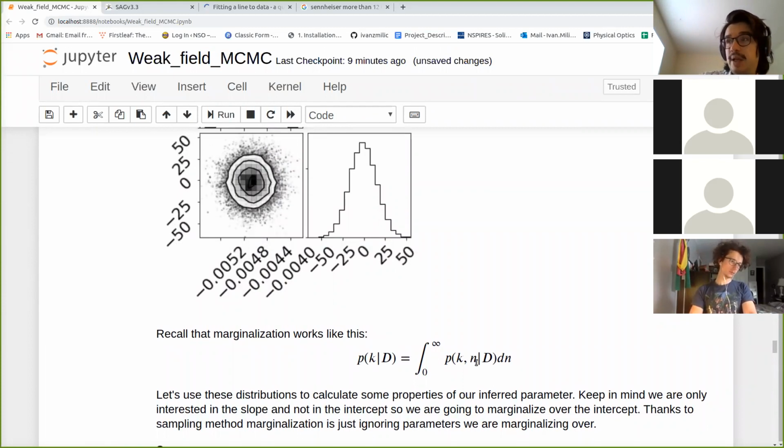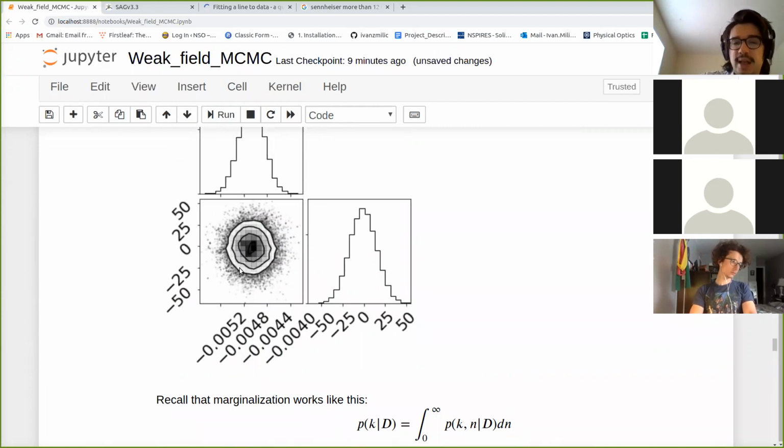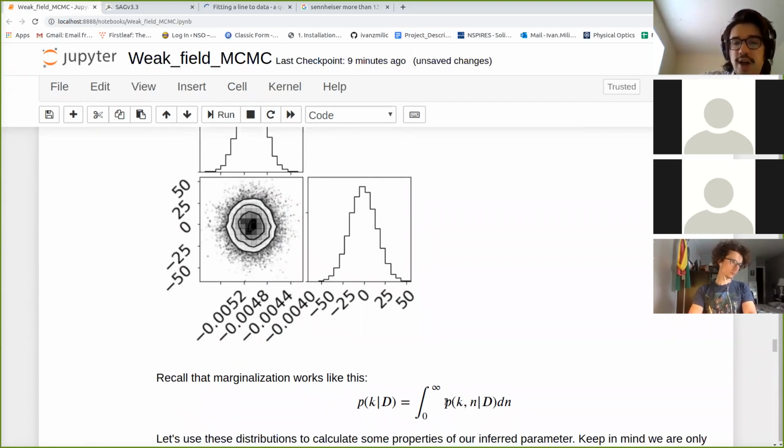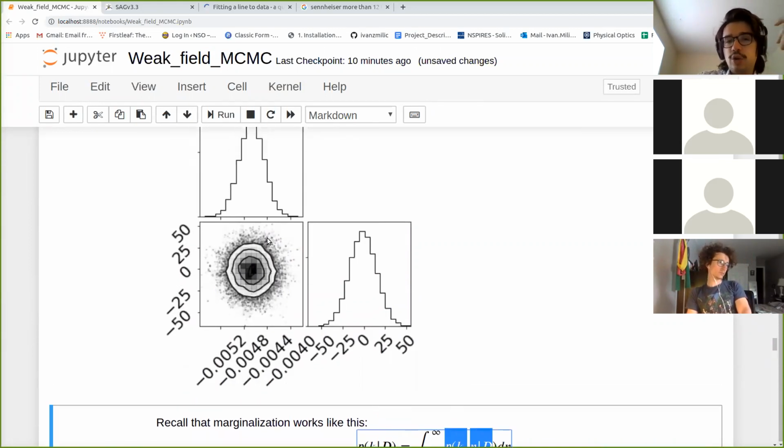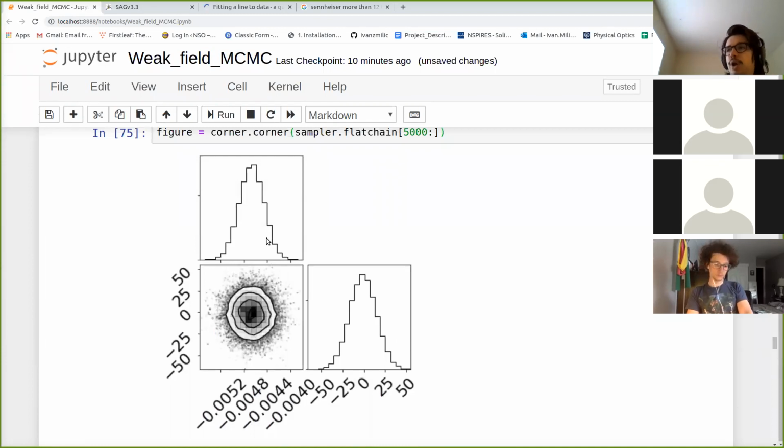Sampling somehow immediately gives us the integrals: the function P of k, n given d is greater where I have more points. So the only thing I have to do is plot histograms over the one axis I'm interested in, ignoring the other axis, and that's my marginalization.